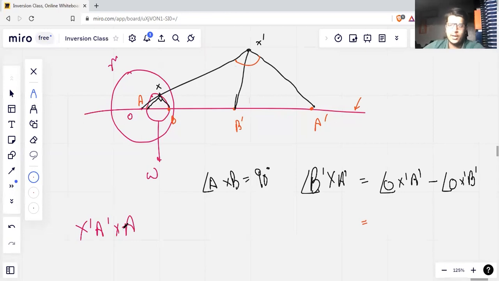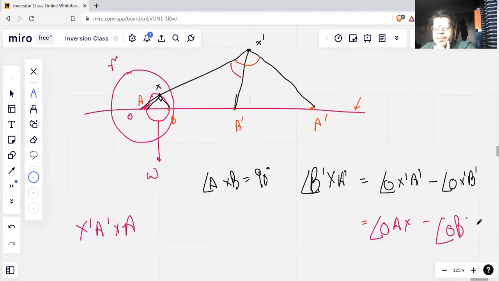I hope you are used to that lemma now. So angle OX dash A dash should be equal to angle OAX. And angle OX dash B dash similarly should be angle OBX.